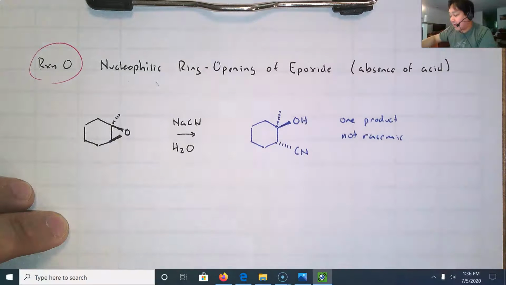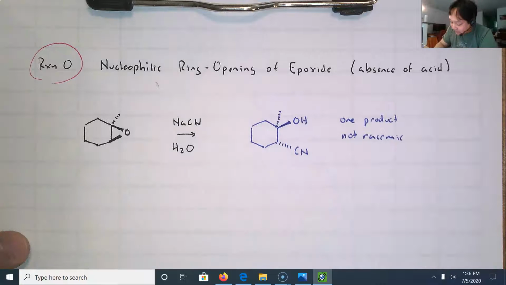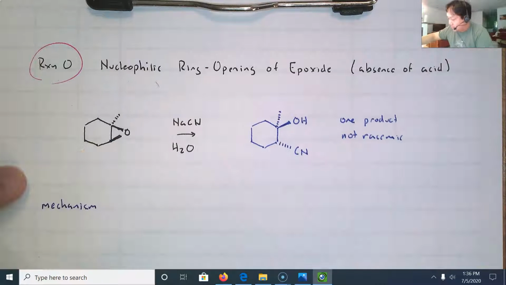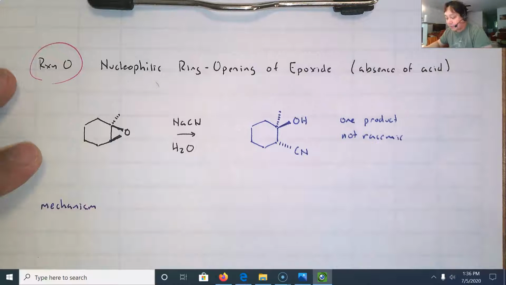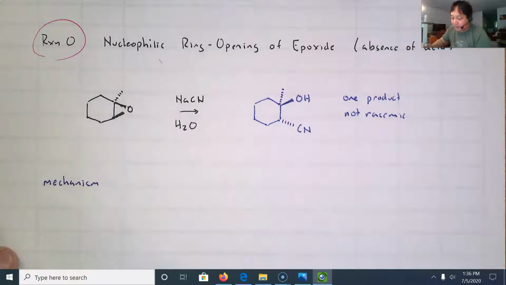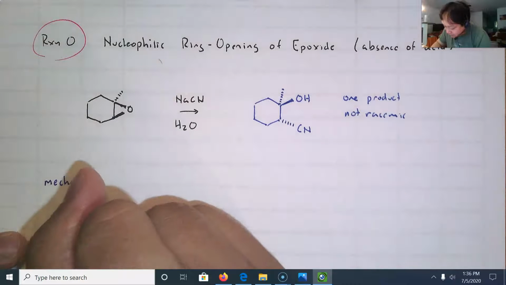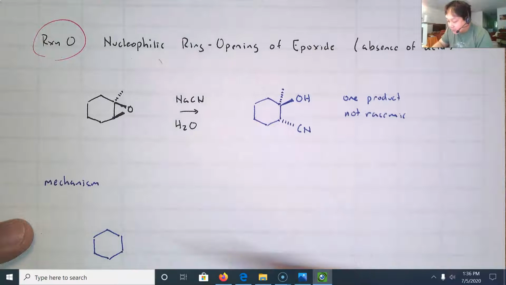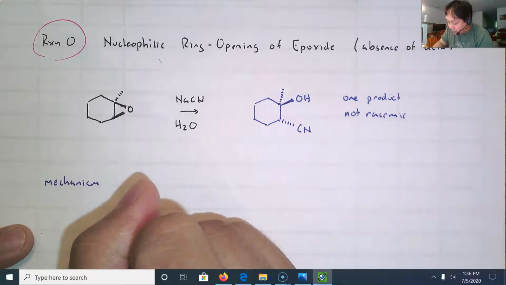Where have we heard backside attack from? We heard it from SN2 reactions. Let me show you the mechanism, and we're going to have to pinpoint where this SN2 reaction is. SN2 means that you attack and kick out the leaving group at the same time.